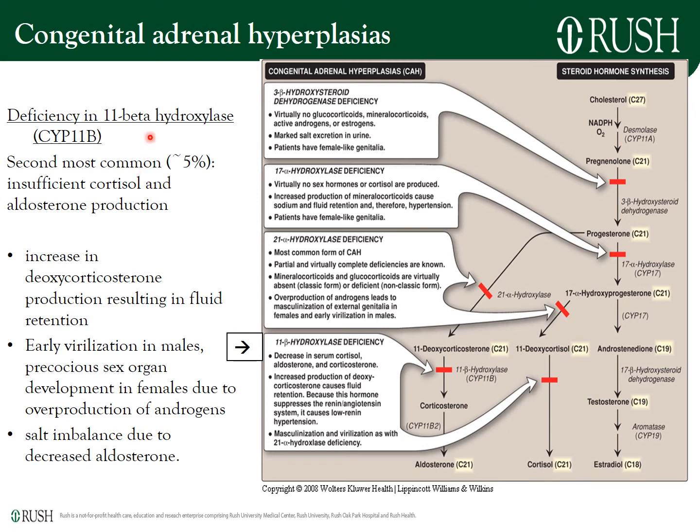The second most common adrenal hyperplasia is the 11-beta hydroxylase deficiency, coded by CYP11B. So where is this enzyme? This enzyme is a step further down in the aldosterone synthetic pathway and a step further down in the cortisol synthetic pathway. So again, insufficient cortisol and aldosterone will be produced. However, there will be an increase in deoxycorticosterone because it is before the enzyme, and it will result in fluid retention.